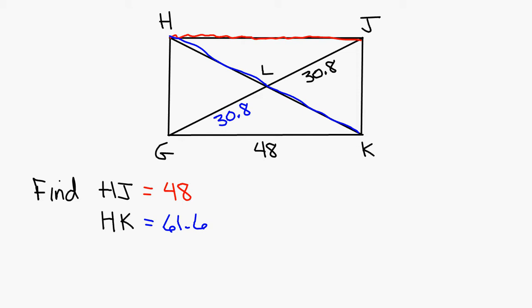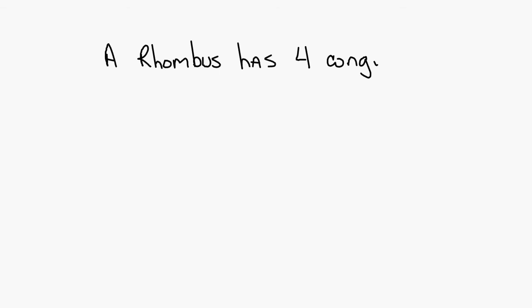On the top of page 421, a rhombus is another special quadrilateral. All right, so a rhombus has 4 congruent sides. It is a parallelogram.